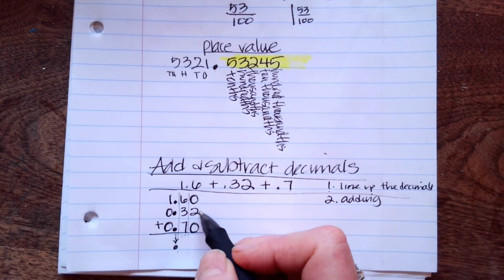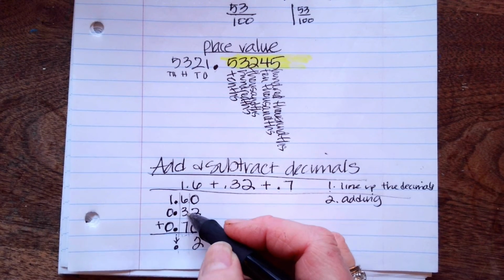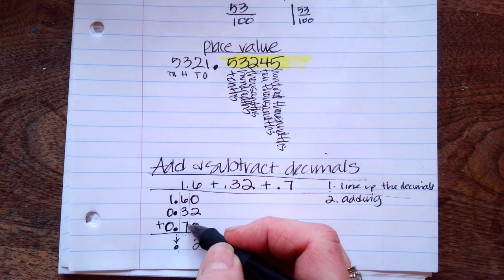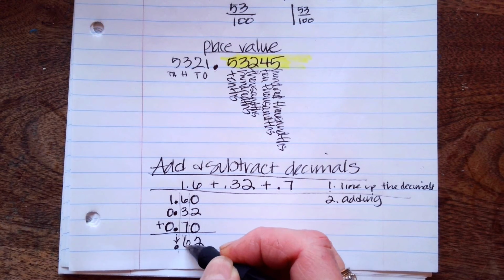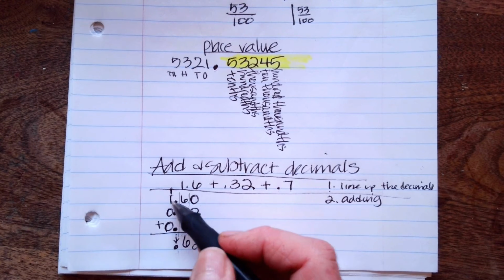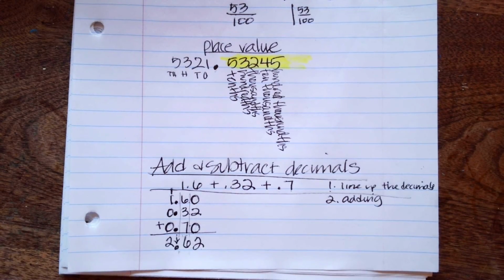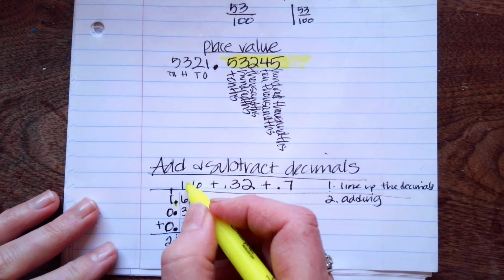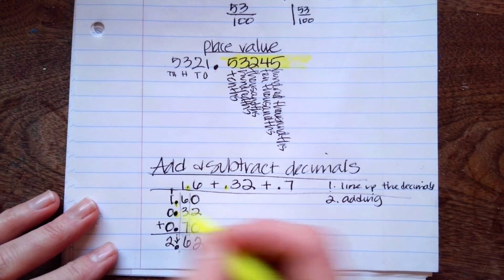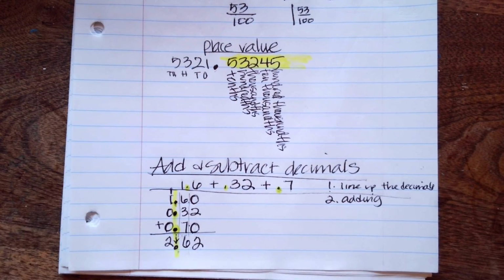So 0 plus 2 plus 0 is 2. 6 plus 3 is 9. Plus 7 is 16. So you put the 6 here and you put the 1 here. And then 1 plus 1 is 2. So it's 2.62. You don't need the arrow there. I was just showing you that we line up the decimal so that these are all in a row, and then it stays that way for our answer.